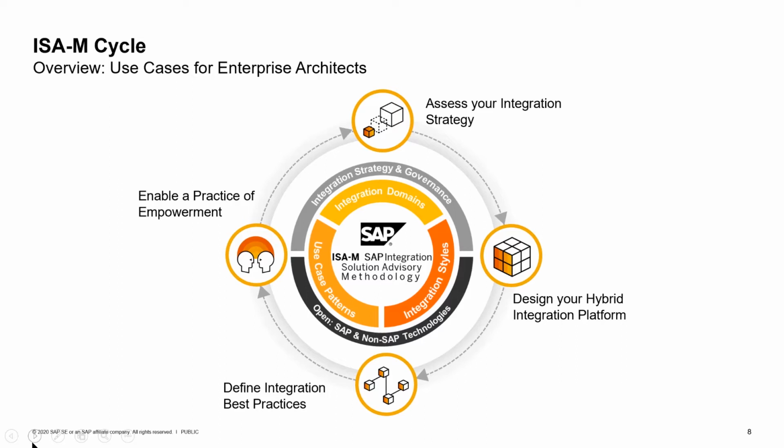A hybrid integration platform is typically nothing you can simply procure, but it's something you shape on your own by combining existing integration technology, which is being enriched with new ones to support the new digital transformation projects, for instance.